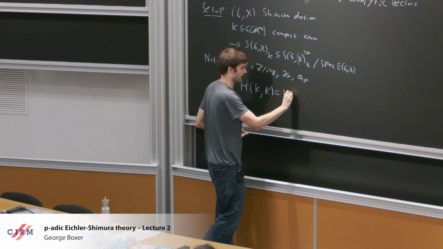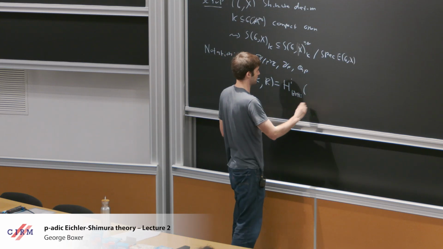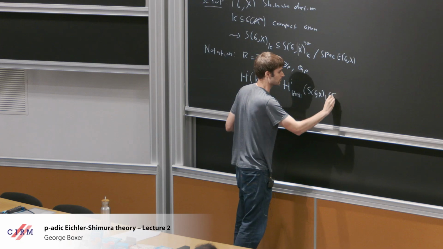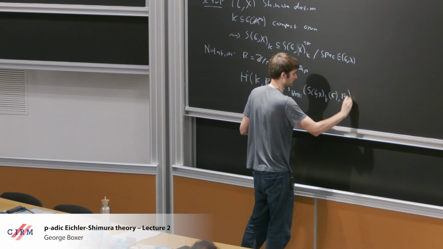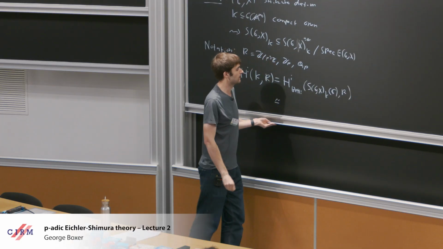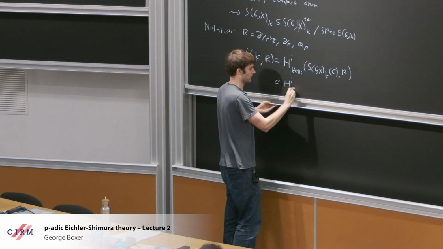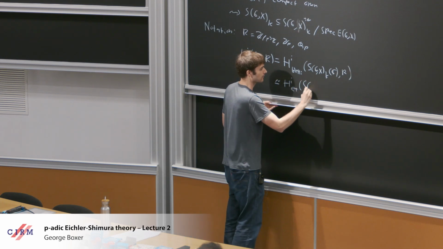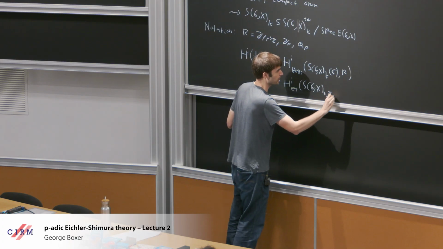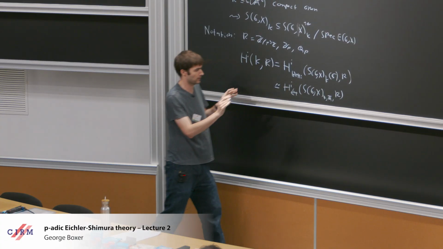And so we can either think about this as Betti cohomology of the complex points of the Shimura variety with coefficients in R, or we can think about this as p-torsion or p-adic étale cohomology of the Shimura variety base changed to Q-bar with coefficients in R. And we'll use both of these points of view.